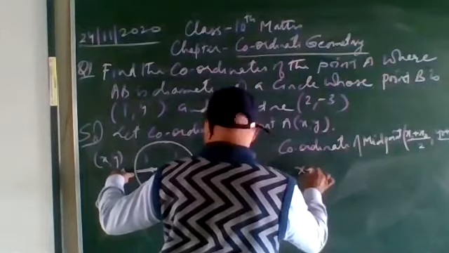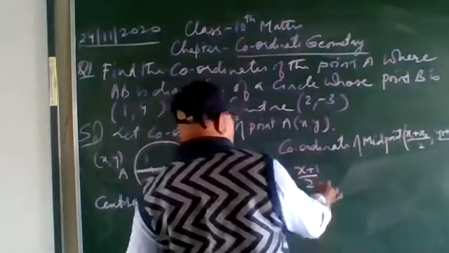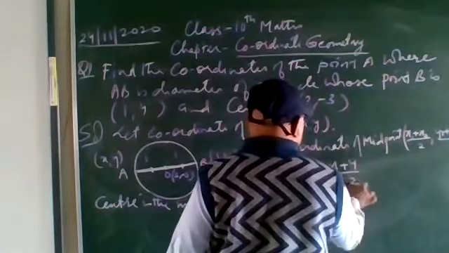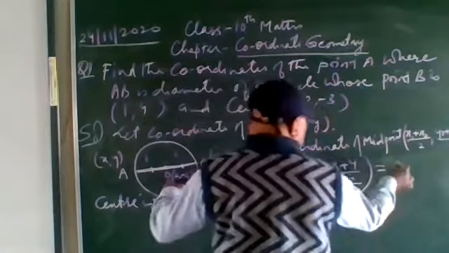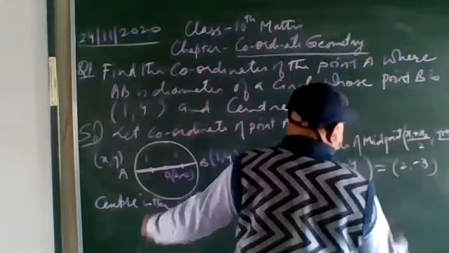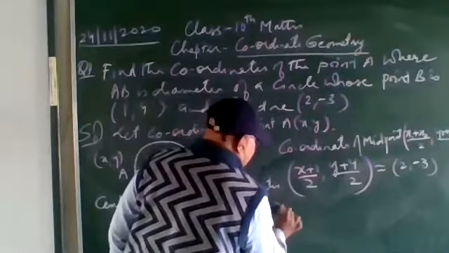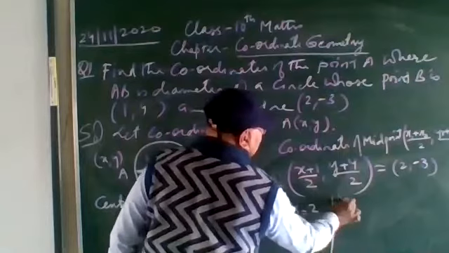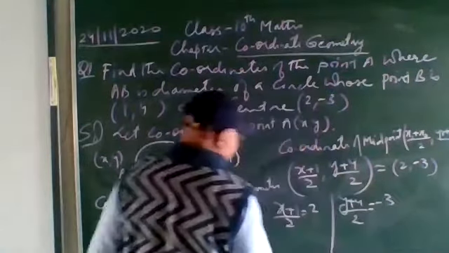Now (x plus 1) by 2, (y plus 4) upon 2 equal to (2, -3). Now (x plus 1) by 2 equal to 2, (y plus 4) upon 2 equal to -3.